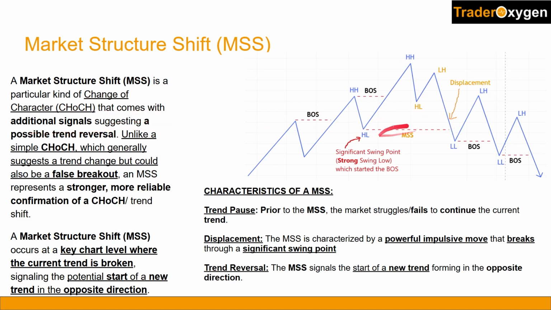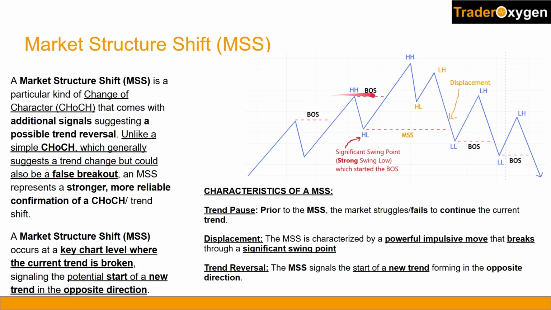However, a market structure shift is a more powerful version of a change of character with additional signals with these characteristics, because a simple change of character, we generally suggest a trend change. Yeah, that's true, but it could be a false breakout.